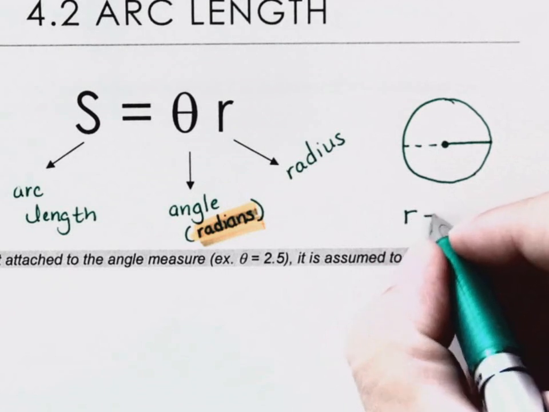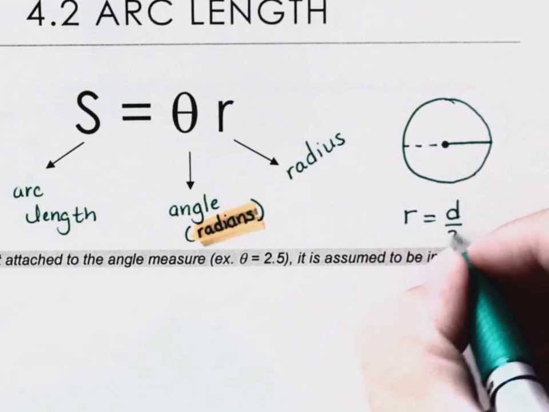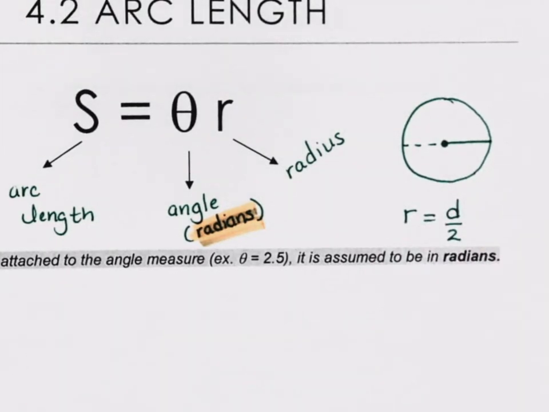So radius is equal to the diameter divided by 2. They'll sometimes give you the diameter in the question, and you'll be expected to calculate the radius from it. Those are just little tips and tricks.